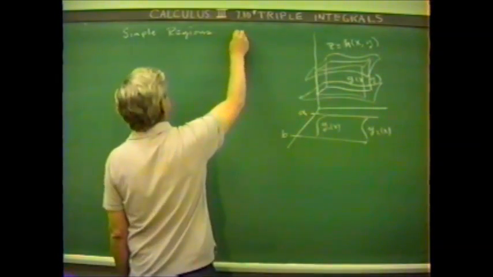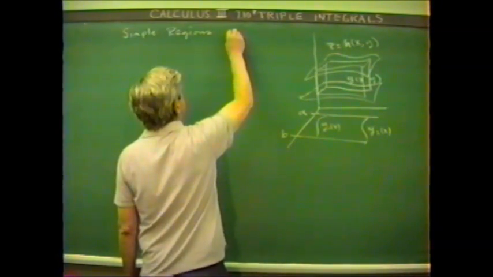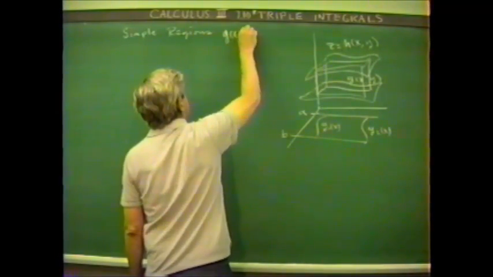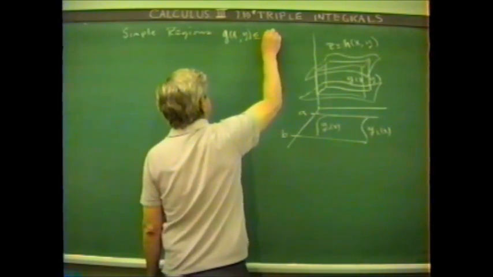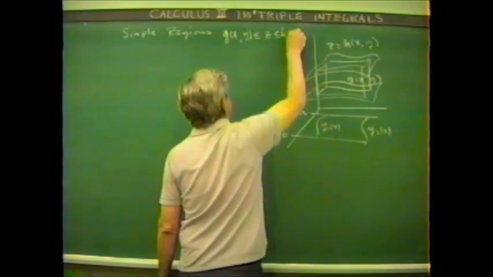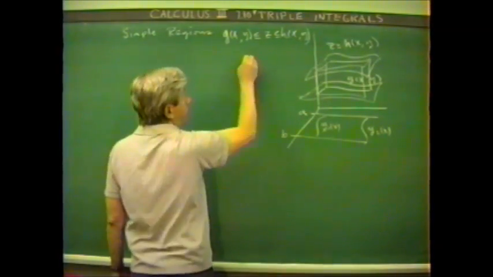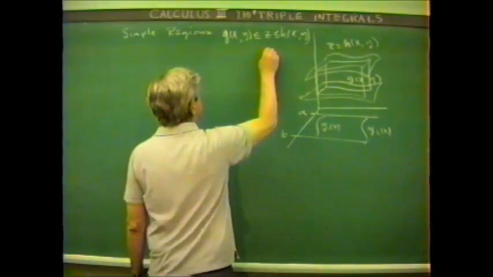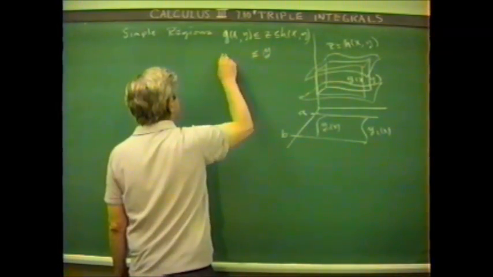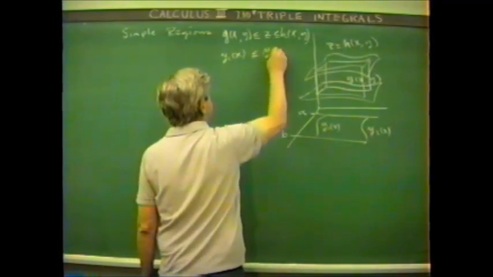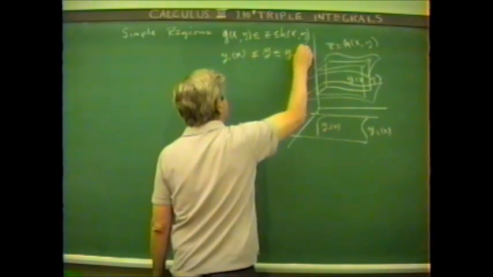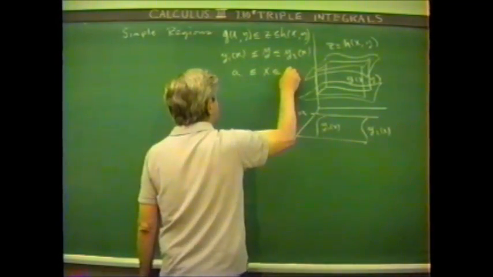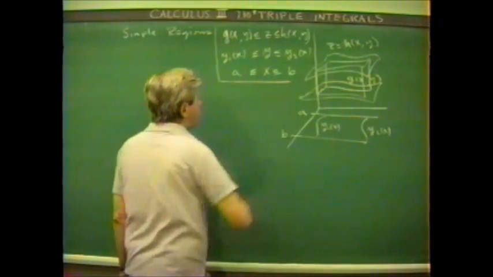So the region consists of all z where g of x and y is less than or equal to z is less than or equal to h of x and y, y is between y1 of x and y2 of x, and x is between a and b. So there's a description of our region.